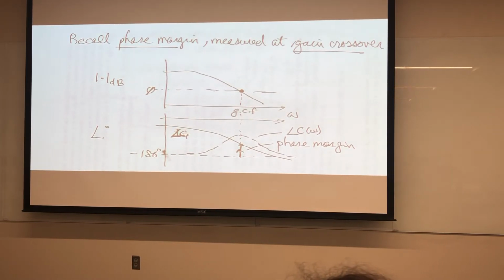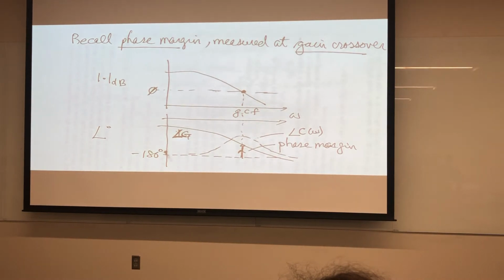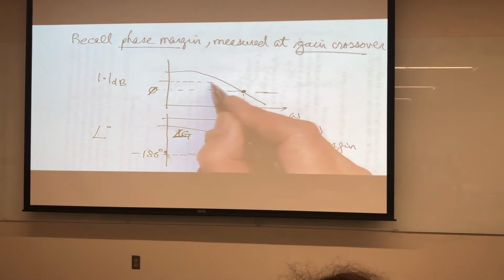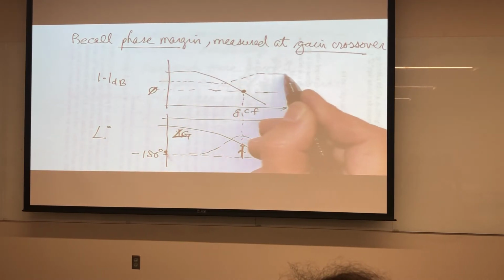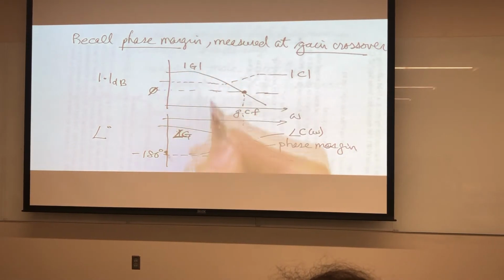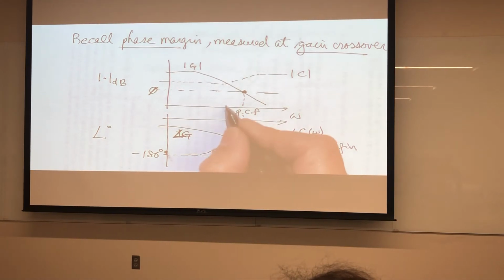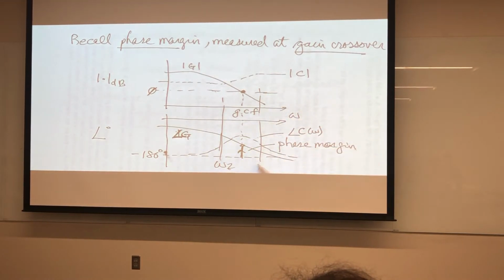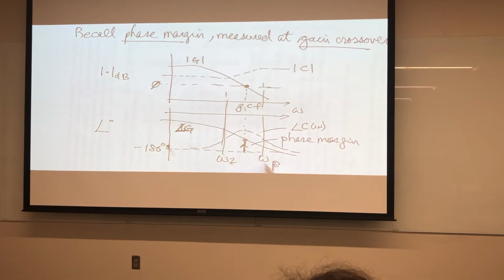But we have to remember that when we do this, this is going to be no longer the gain crossover. What's going to happen is that the compensator is going to add some gain like this. This is the magnitude of C right here. This is the magnitude of G right here. When we add in this zero and this pole, we're going to increase the phase right here.